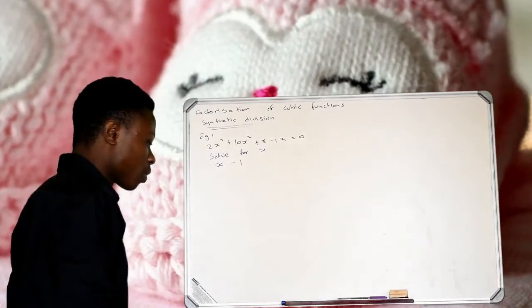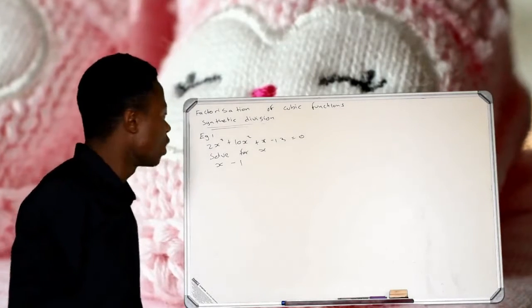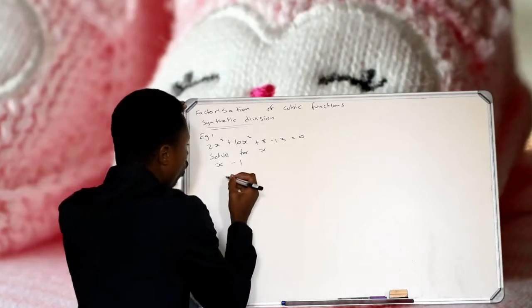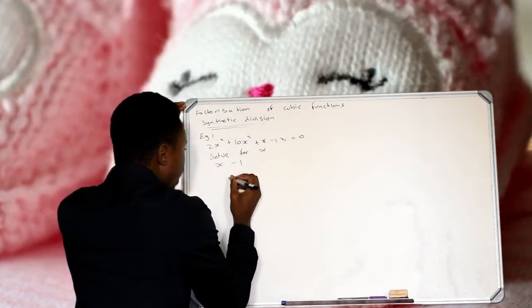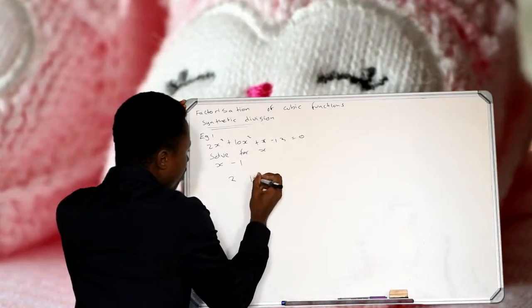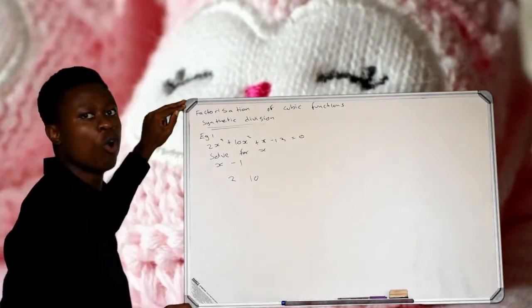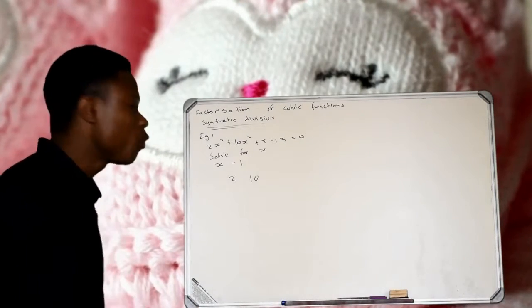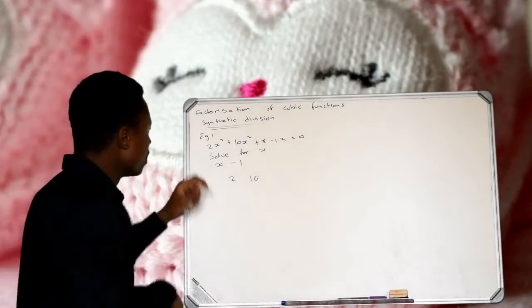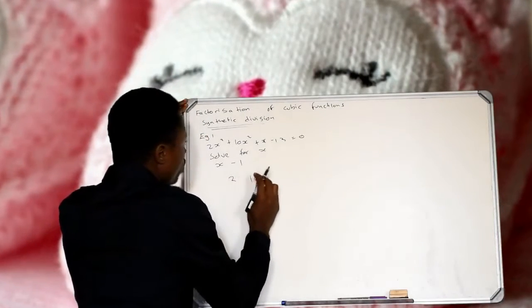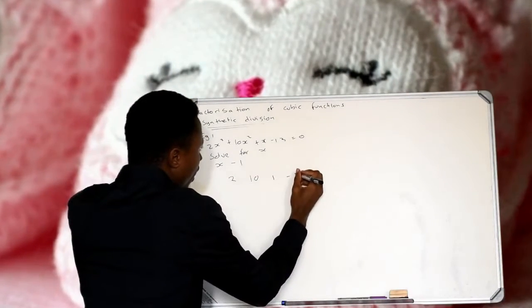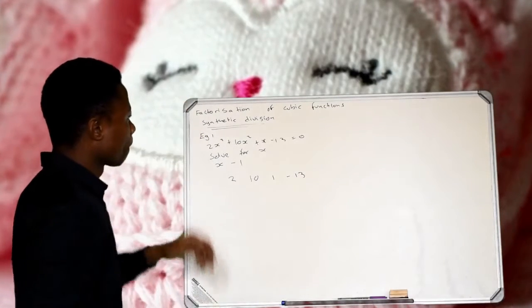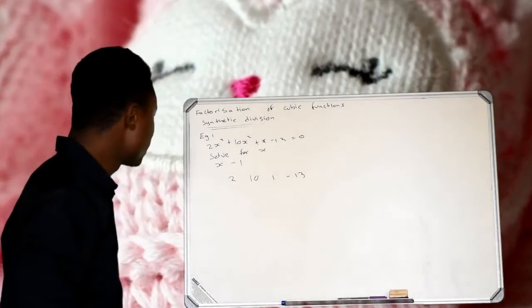So now that I have a factor, right, what do I do? Let me draw a graph. First of all, before I draw the graph, let me write these numbers out. The coefficients of all your x's. So x cubed, x squared, x, write all those coefficients and write the constant. So I have 2, 10, 1, and negative 13, right?